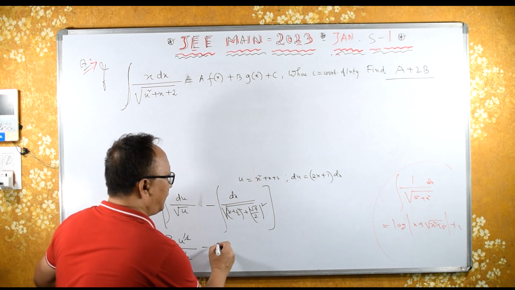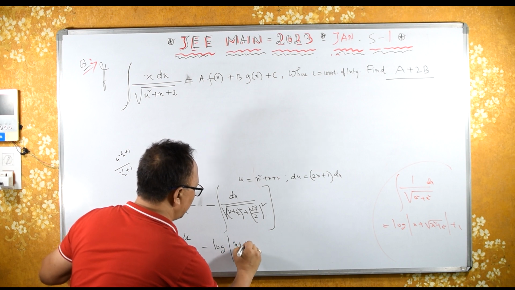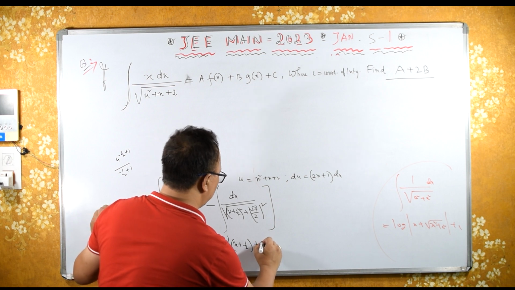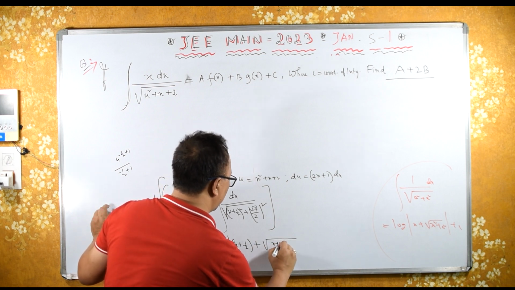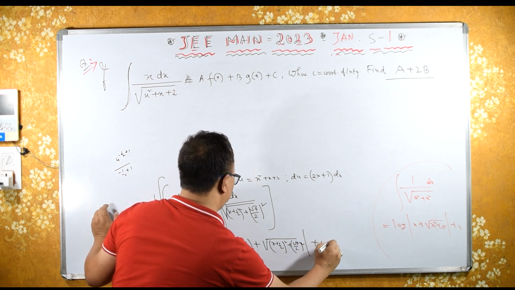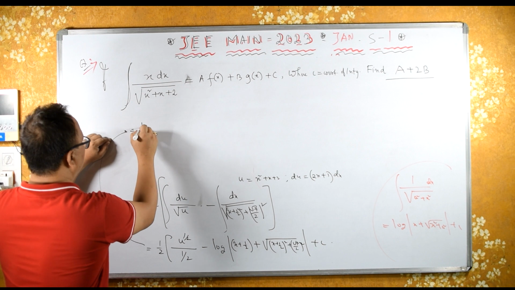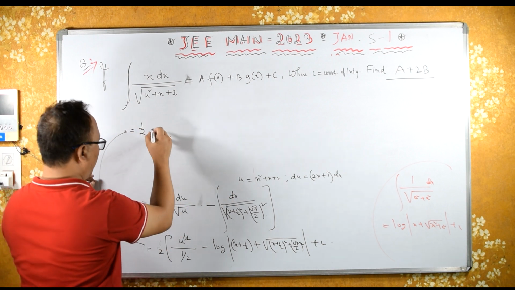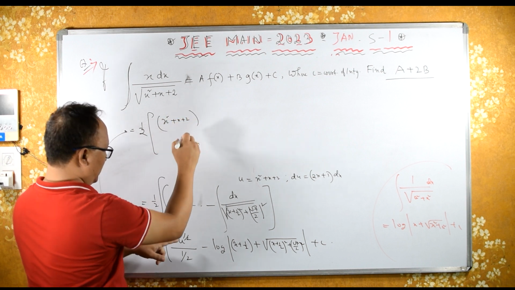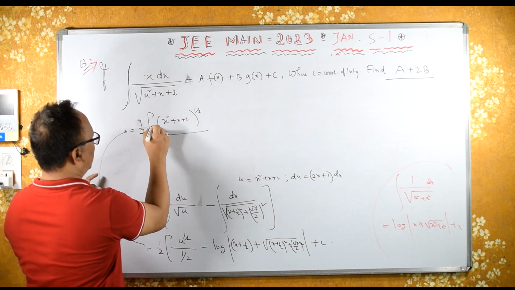Okay, so we'll have log of x, where x is x plus 1 by 2, plus the whole of this: square root of x plus half whole square plus root 7 by 2 the whole square, plus c. Now let's bring over here: equal to half, what is u? u is x square plus x plus 2 raised to 1 by 2 upon 1 by 2.